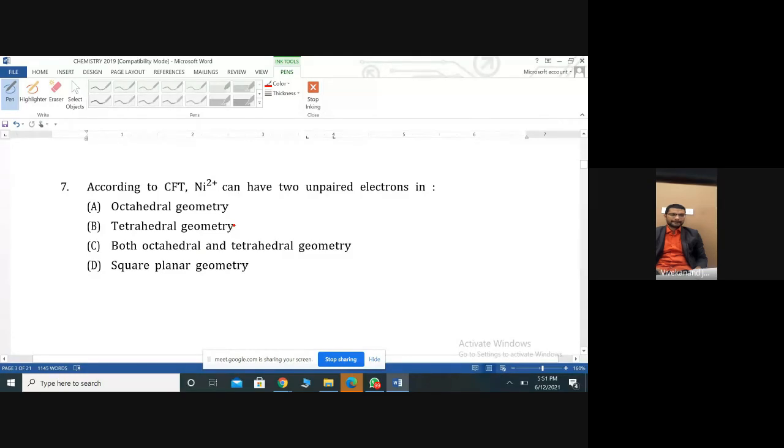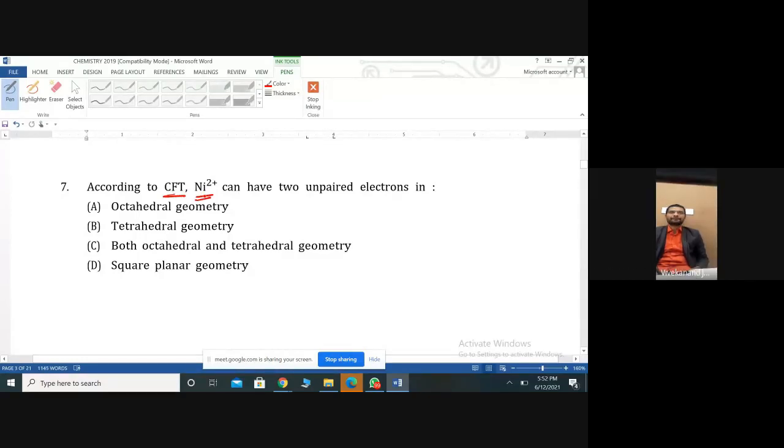Give me the idea. What is given? Crystal field theory, tetrahedral geometry. Okay.